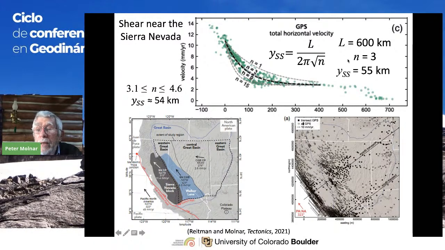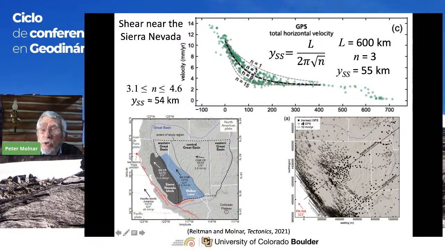And if you plug in n equals 3 into this with 600, this decay distance is 55 kilometers. And you can see if this is our 0 point here, when you've gone 55 kilometers, you're down by a factor of roughly 2.7. And when you're out to twice this distance, you're down by even more.